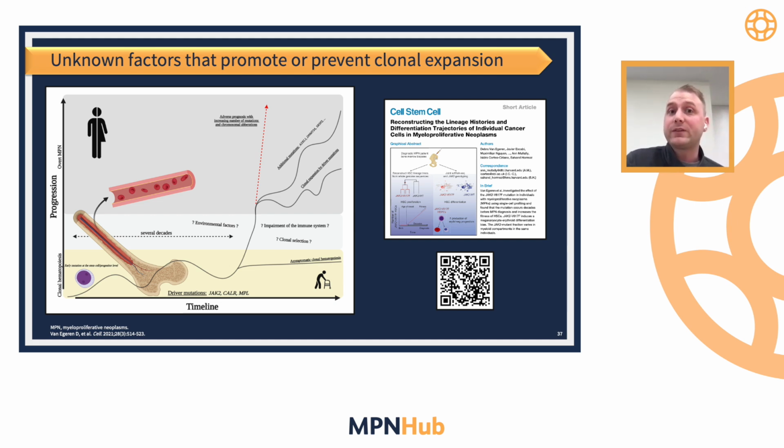But at some point, something takes place that we don't know of, and these patients suddenly or over a certain period of time develop MPN disease. We are trying to find out what these factors are, and whether we have potential biomarkers indicating that some people develop the disease and some don't.